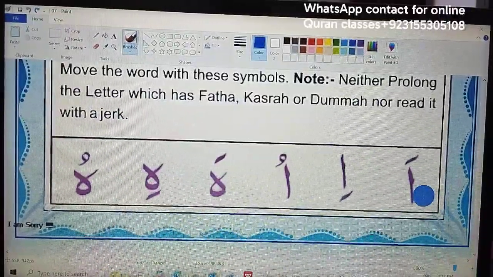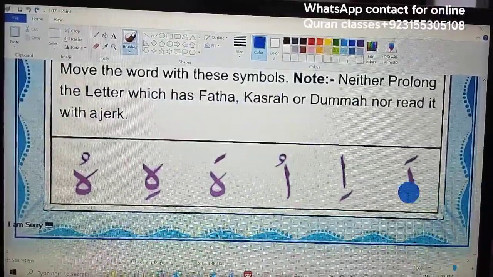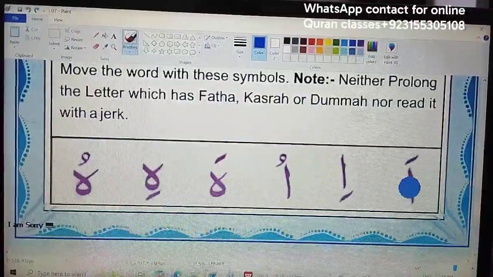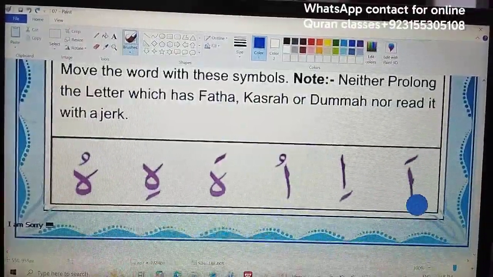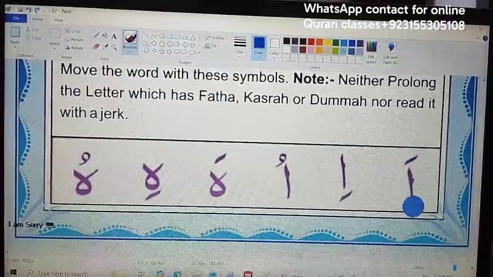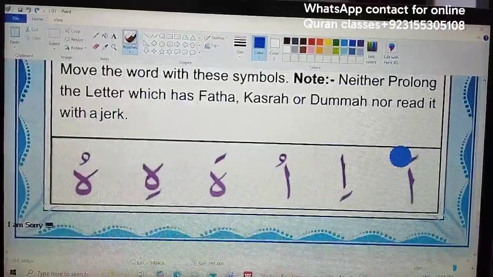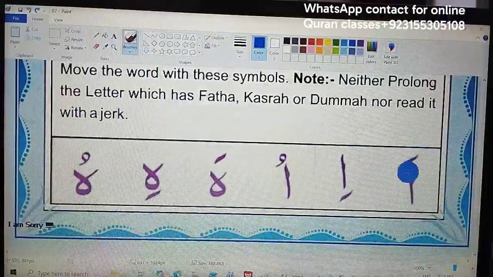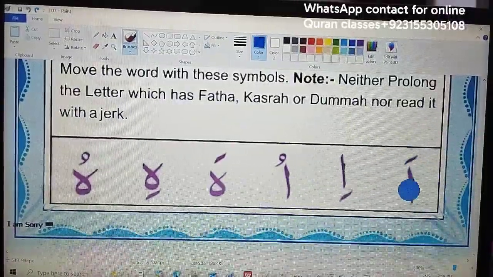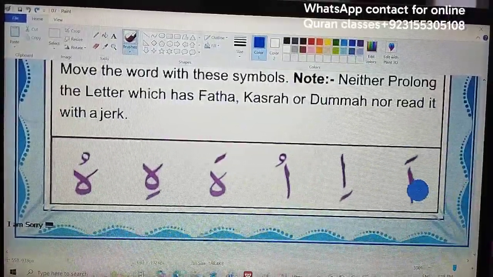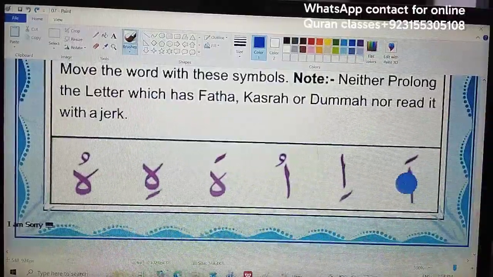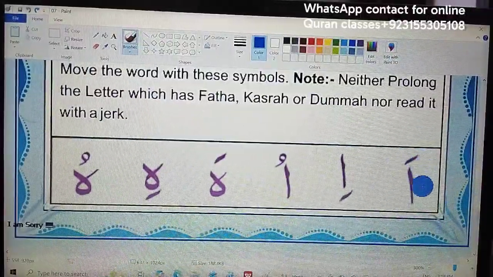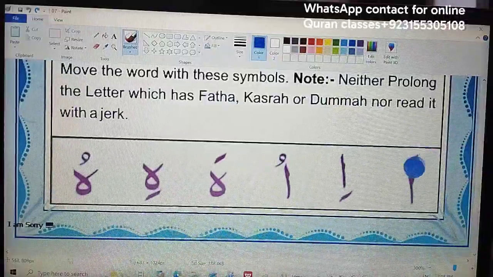Okay, now you see here, hamza, fatha. The first movement name is fatha, so we read the letter with fatha like this: hamza, the letter name, and fatha, the movement name. Hamza, fatha, a.